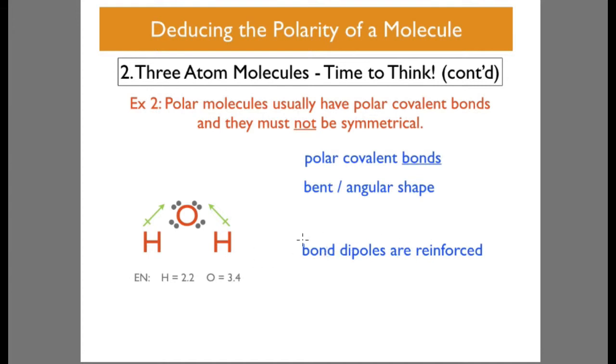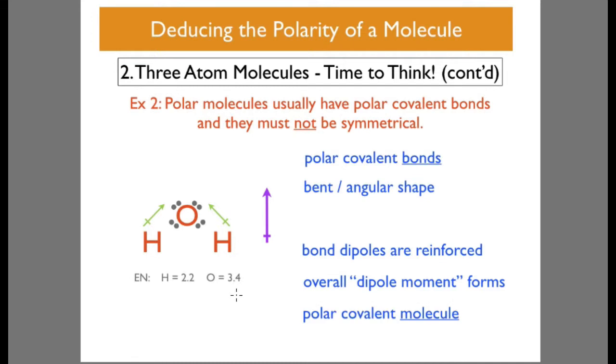The bond dipoles are reinforced, they're both pointing the same way. So there is an overall dipole moment, and it's heading in this direction, following the direction of the 2 bond dipoles, which sum together to make an overall dipole moment in the molecule. So we get a polar covalent molecule.